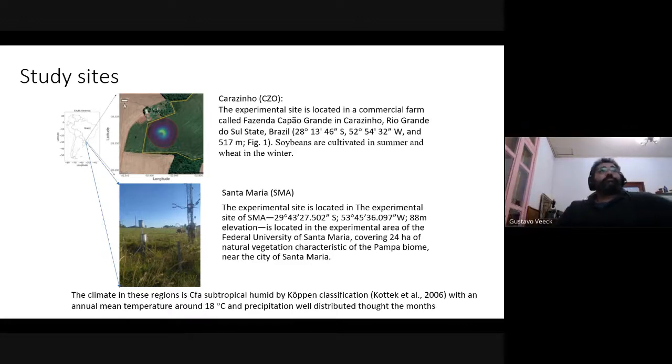The grassland study site is in Santa Maria, in an area at UFSM, and the agriculture area is in Carazinho City. The soybeans are cultivated in summer and wheat in the winter.